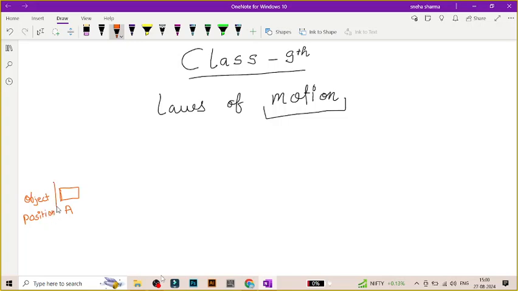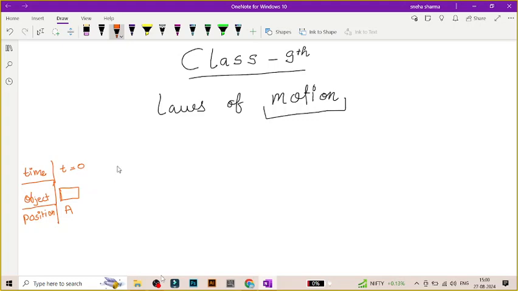So position is fixed at point A. Now the third quantity we take is time. So if we take time t equals 0, the box is at position A.